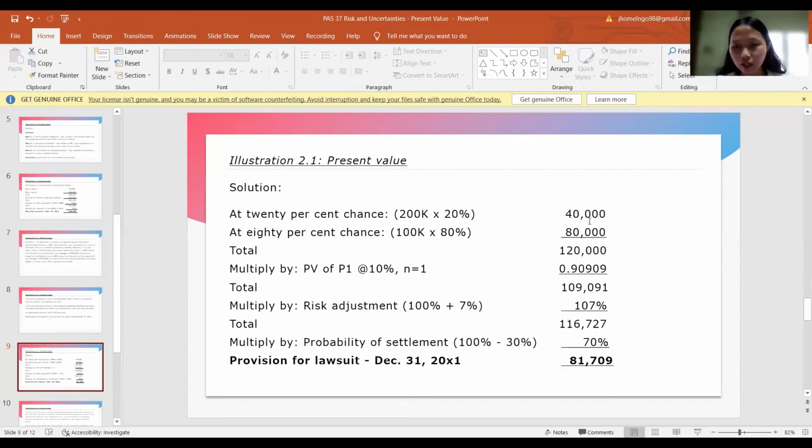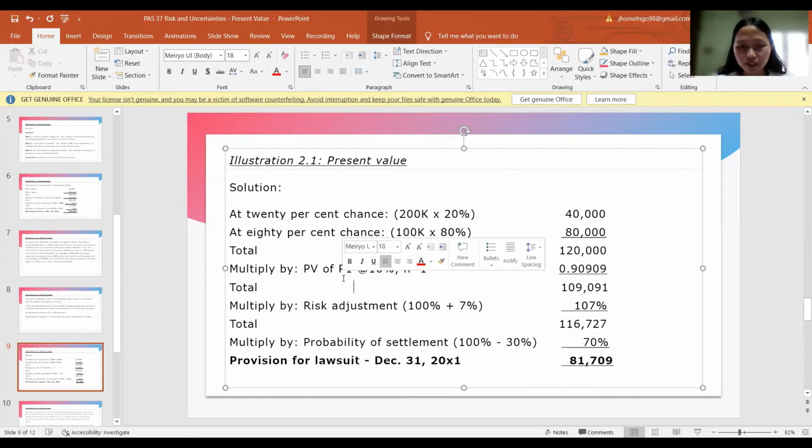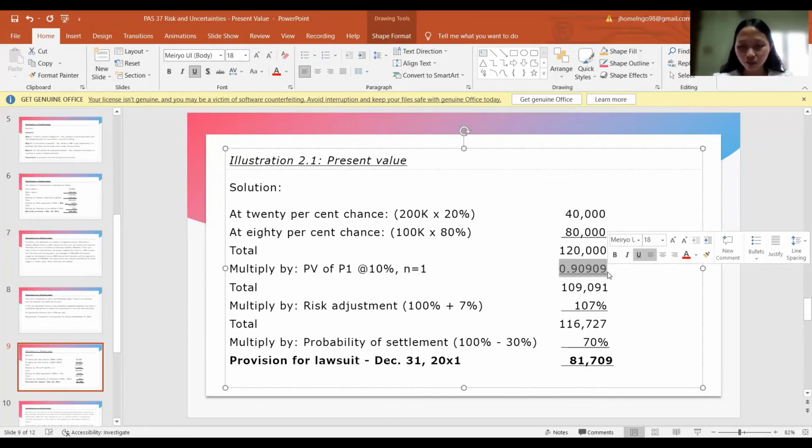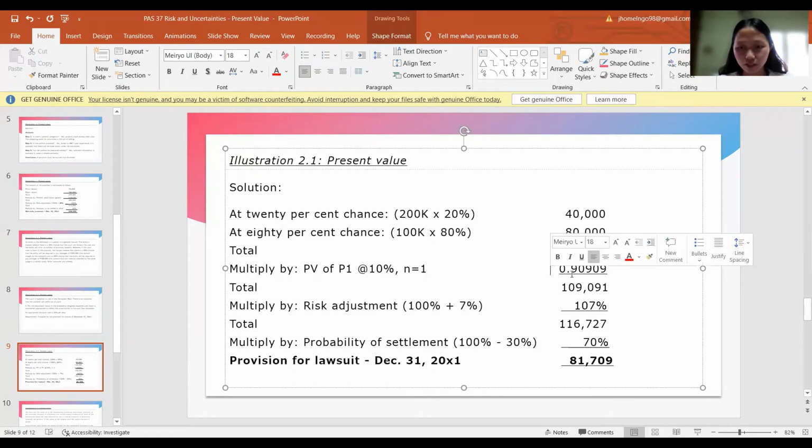So 40,000 plus 80,000 is equal to 120,000. Multiply by PV of 1 at 10%, which is 0.90909. Because it is not given, you will compute it by 1 plus 0.10 raised to negative 1. So you will get this answer.